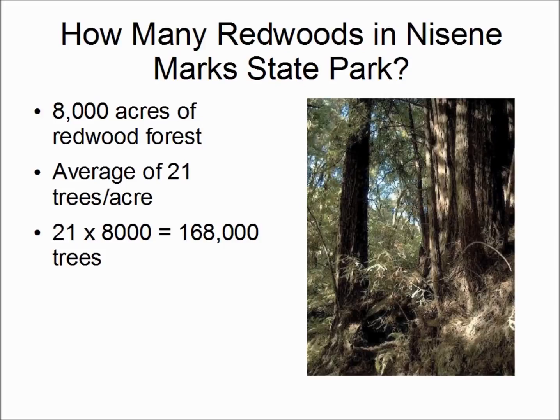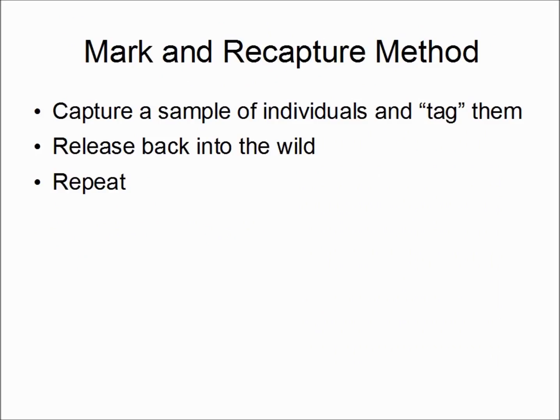This works fine when you're talking about trees, but what happens if you want to measure the population size of some kind of animal that moves around, or birds? Well, there's a way to do that too, and we call this technique the mark and recapture method. First, we capture a bunch of the individuals that we want to count, and we tag them.